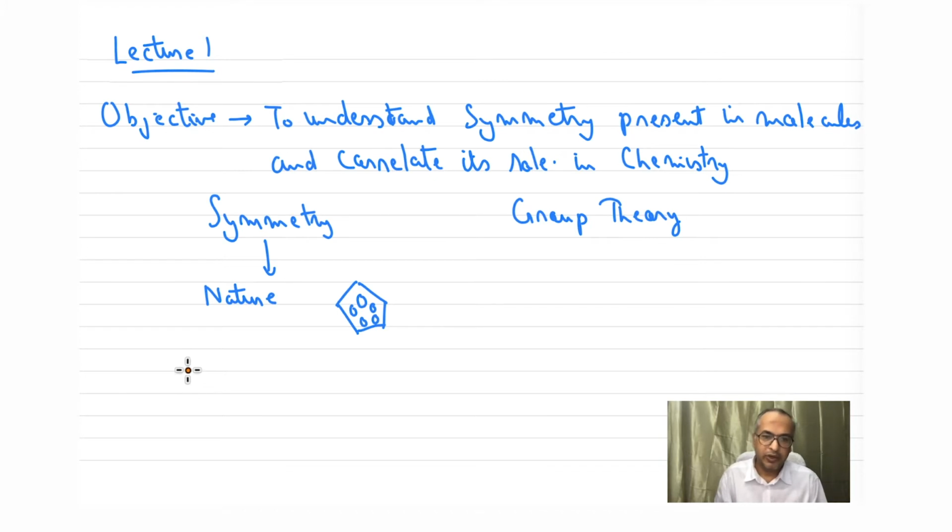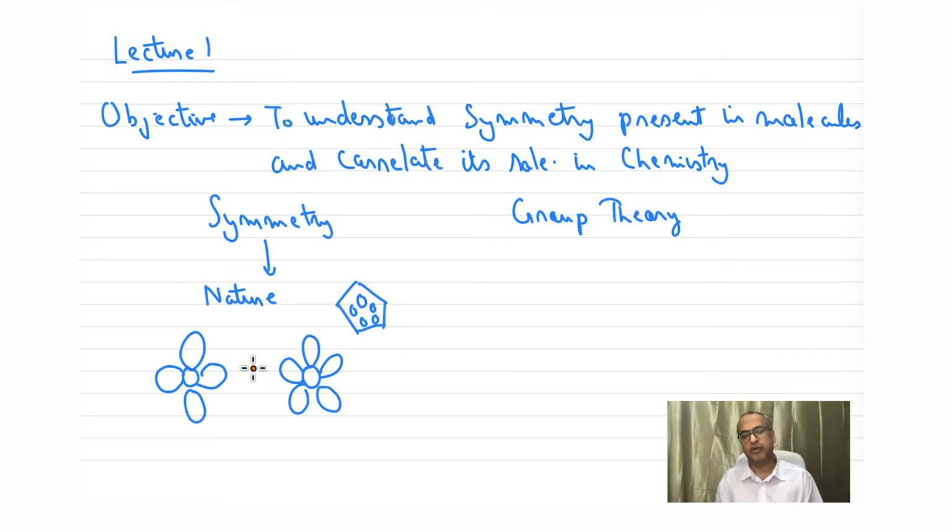Then you can also see the differences in flowers with four petals versus flowers with five petals, right? So our brain immediately tells us that this flower is different from another. So we have been coded with the information that symmetry is present out there.